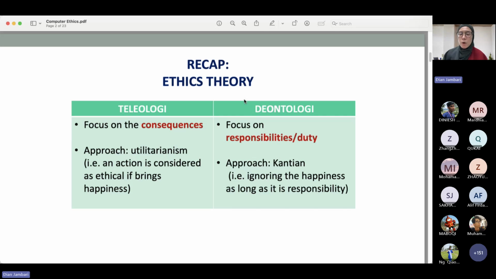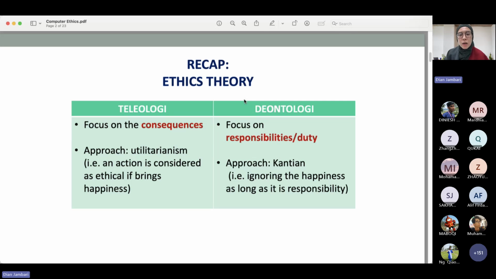And then deontology is what we are more familiar with naturally, since we are in modern times: we focus on our responsibilities, our duties. What we consider good ethics is based on our responsibility and our duty.